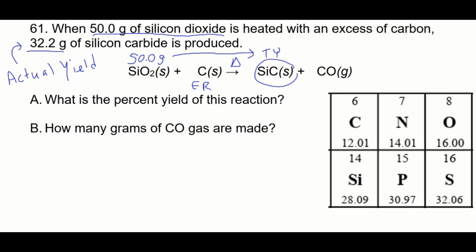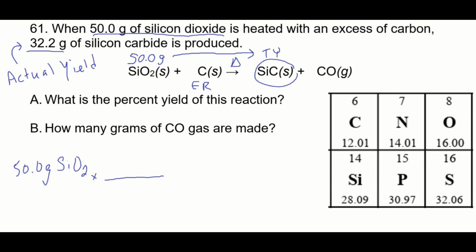So let's do the stoichiometry to determine the theoretical yield of silicon carbide. Start with what's given. 50.0 grams of silicon dioxide. First step in stoichiometry is to convert to moles. We're given grams.